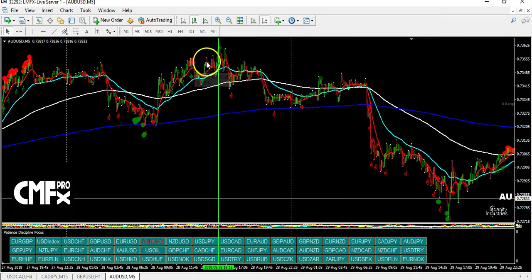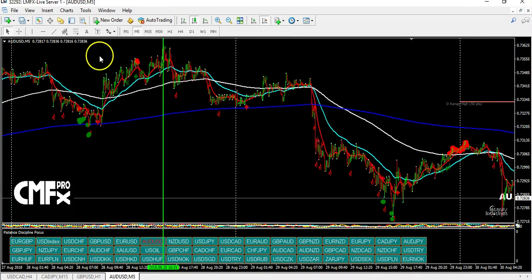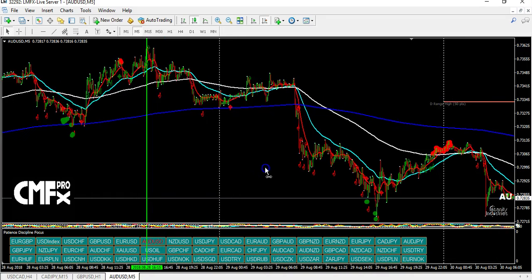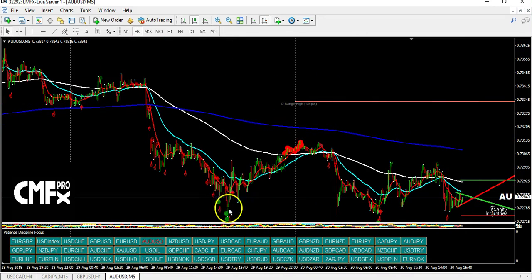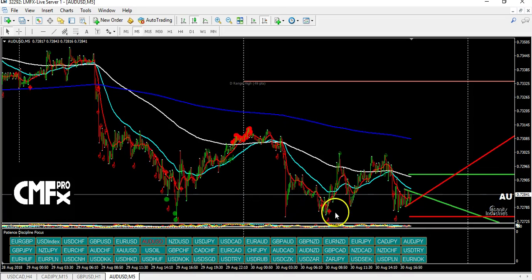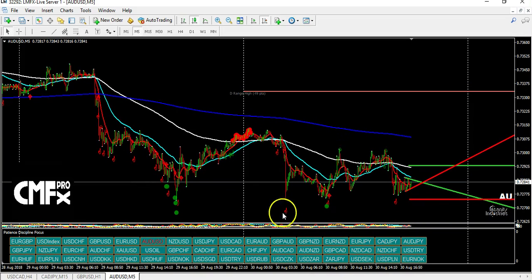There you go. High exhaustion right here. Finger down. Done. Look, exhaustion to exhaustion. High exhaustion there. You don't get any exhaustion until you get all the way down here. That's some nice scalping on M5, I'll tell you that. Look at that. Back to the high. Back to the low. I really have fun with this indicator, as you can tell.